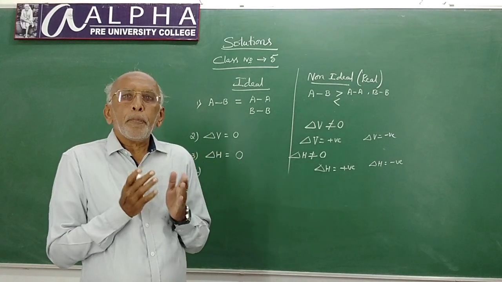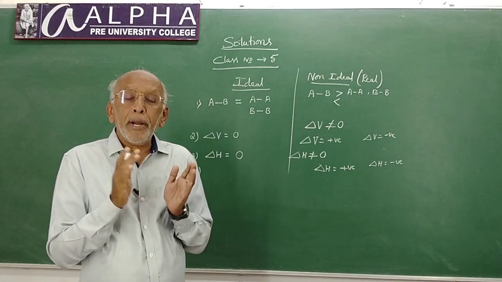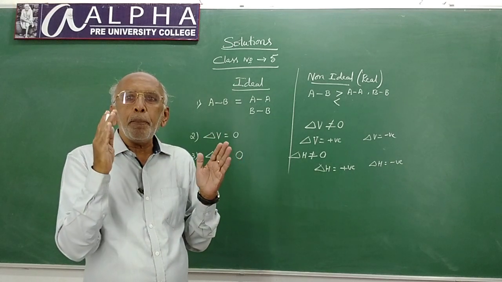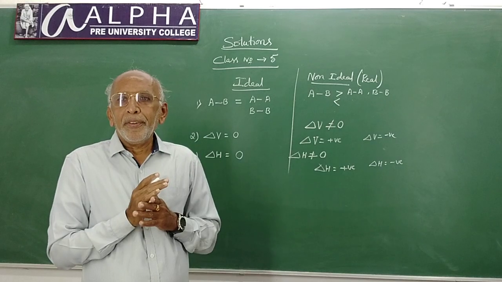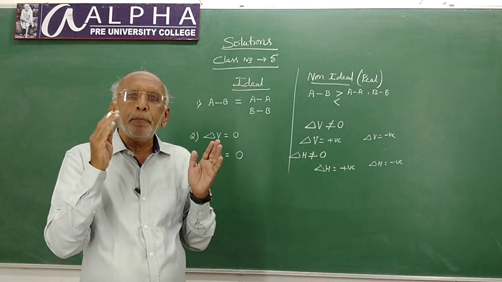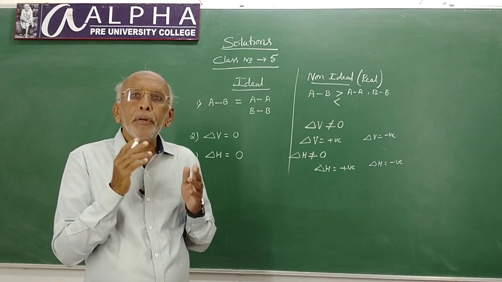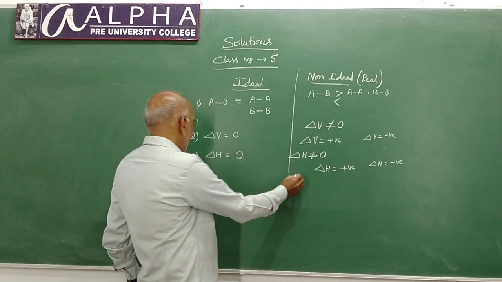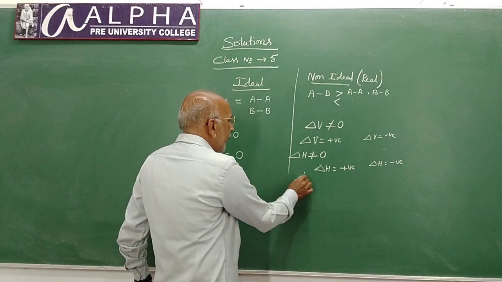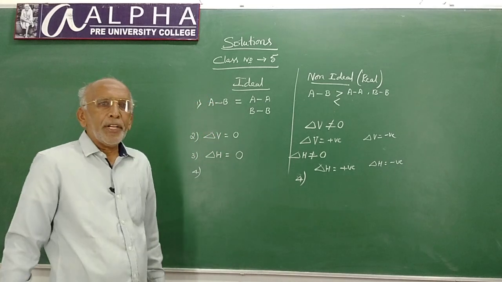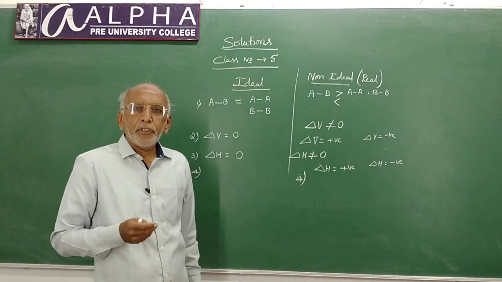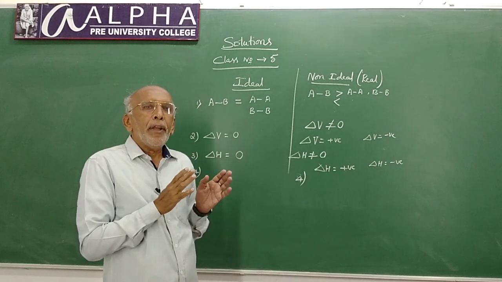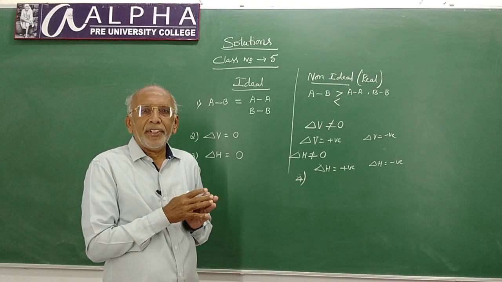That shows the vapor pressure of the mixture, that is the combined vapor pressure of the solution, lies in between the vapor pressures of the pure components at all compositions. Here it is not so. In the case of a non-ideal solution, the combined vapor pressure of the solution or mixture will be either higher or lower than the vapor pressures of the pure components.